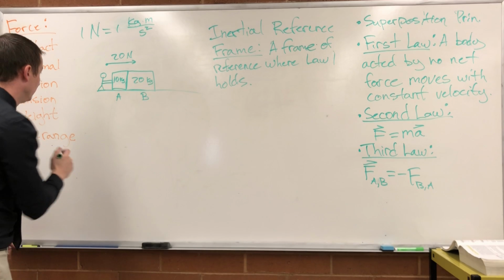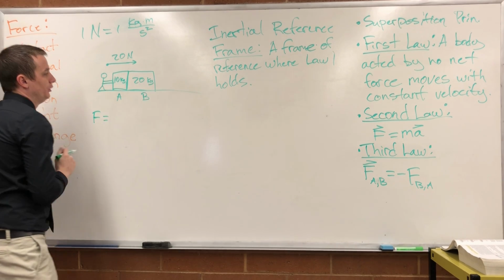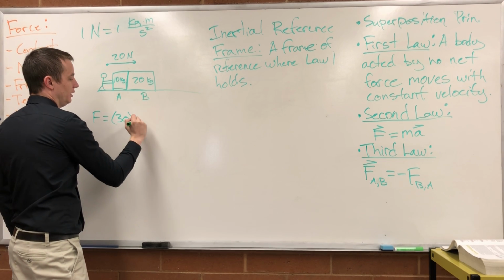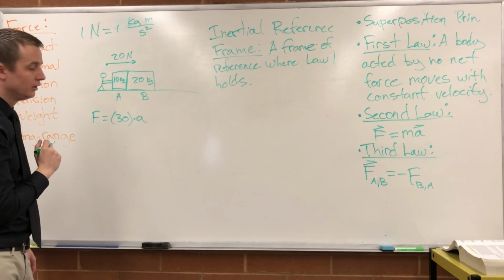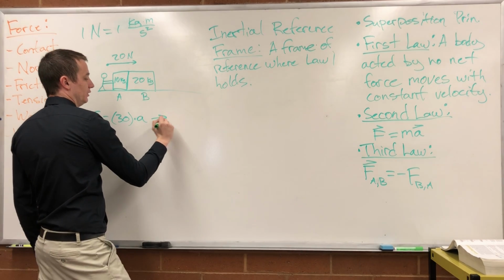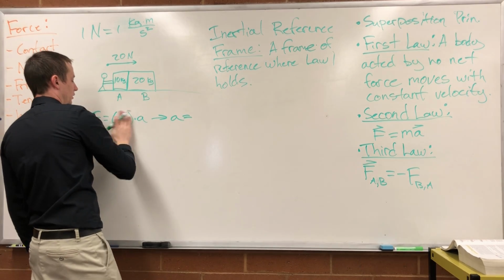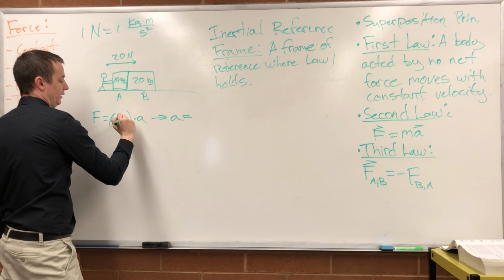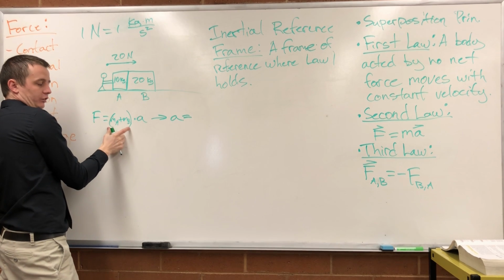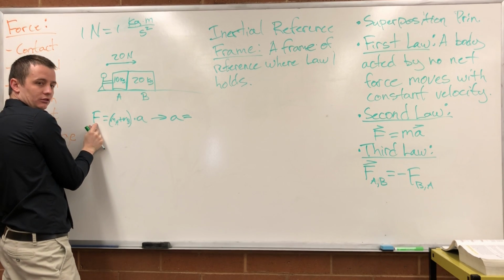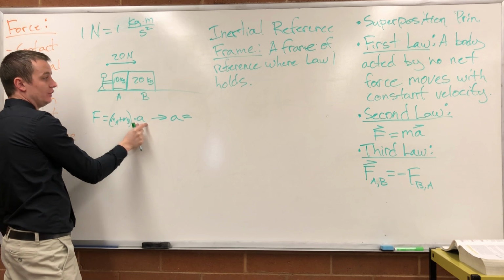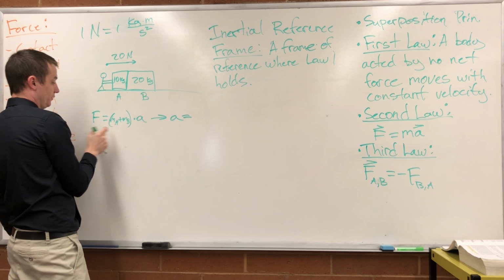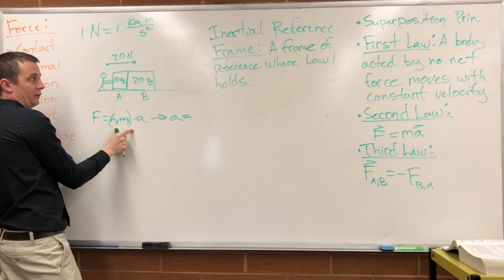So first off, we know that force is equal to mass, the mass of both the boxes, 30, times acceleration. So the sum of the masses, m sub A plus m sub B, times the acceleration is the net force, which gives me that the acceleration of the whole system is equal to force divided by the sum of the masses.